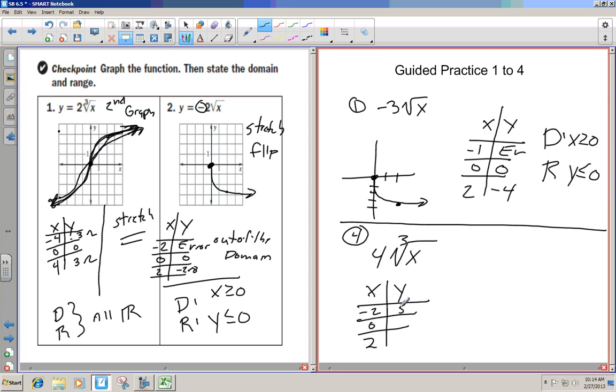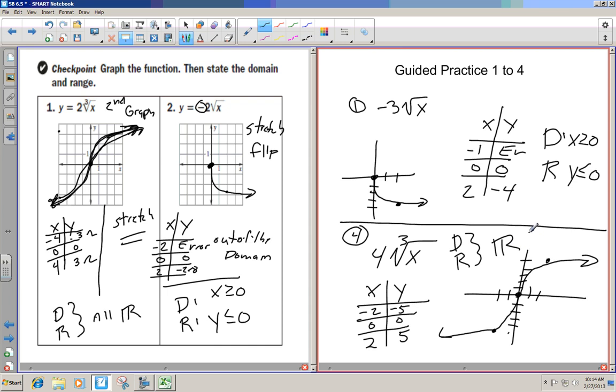That's about negative 5, 0, and 5. So when a graph goes through 0, negative 2 is negative 5. It should look something like that. Cubics should make you happy because it is all real numbers for the domain and the range.